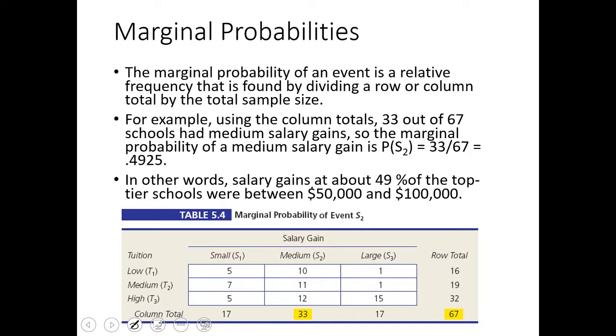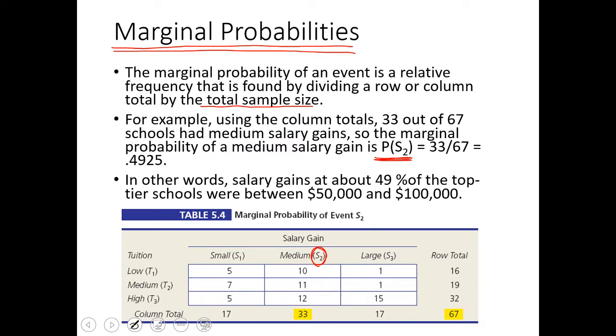So using this table, we can see the marginal probabilities. Marginal probability is the frequency found by dividing a row or column total by the total sample size. So for example, the probability of S2, meaning medium salary gain.